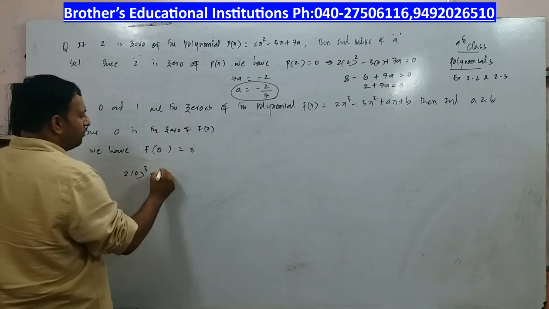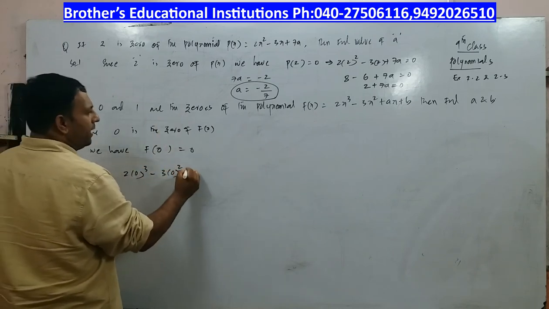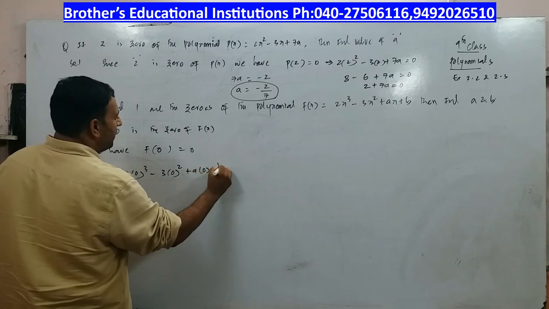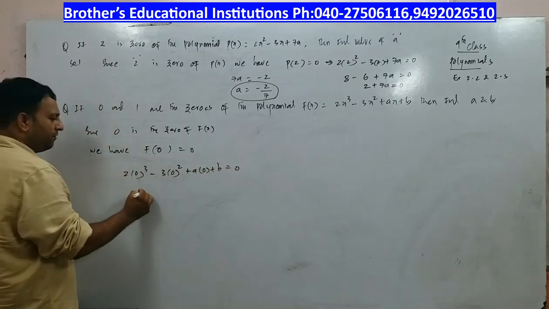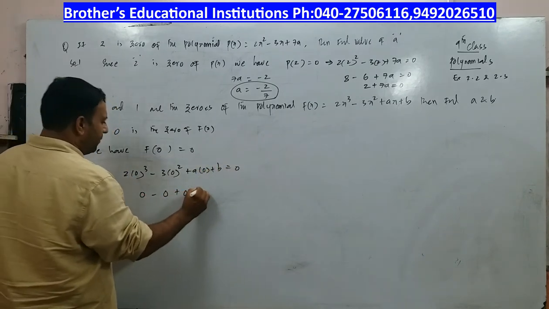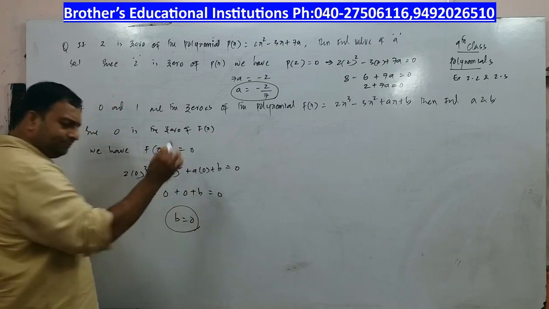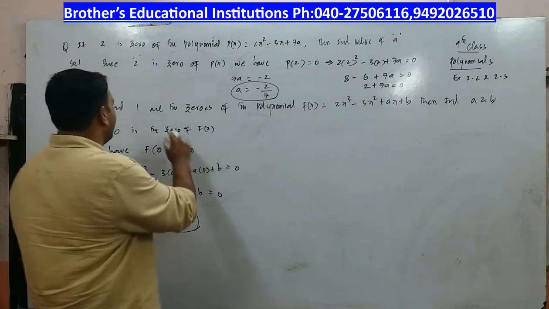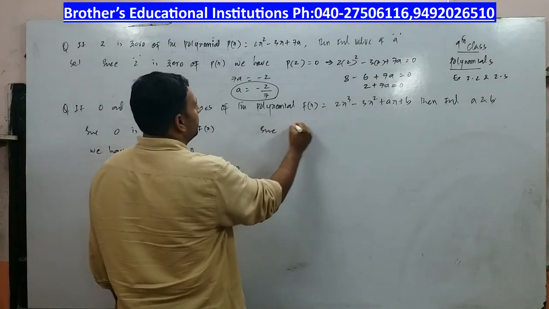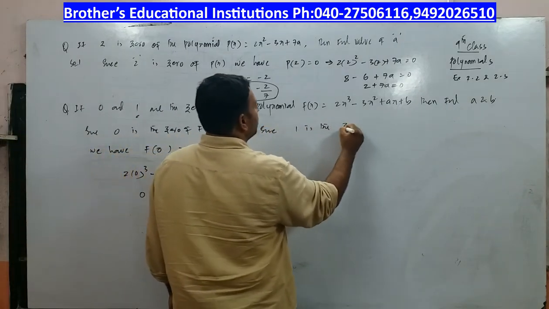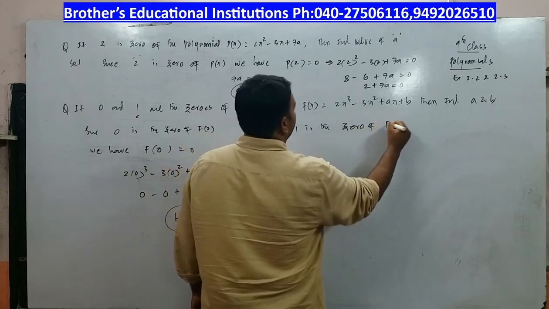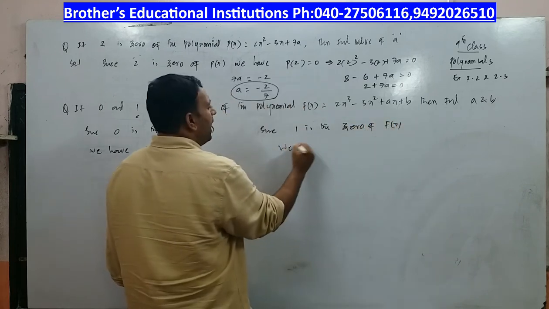In place of x you have to write 0. 3 into 0 square plus a into 0 plus b is equal to 0. This is 0, this is 0, this is 0, plus b is equal to 0. Ultimately, what is the value of b you will get? 0.